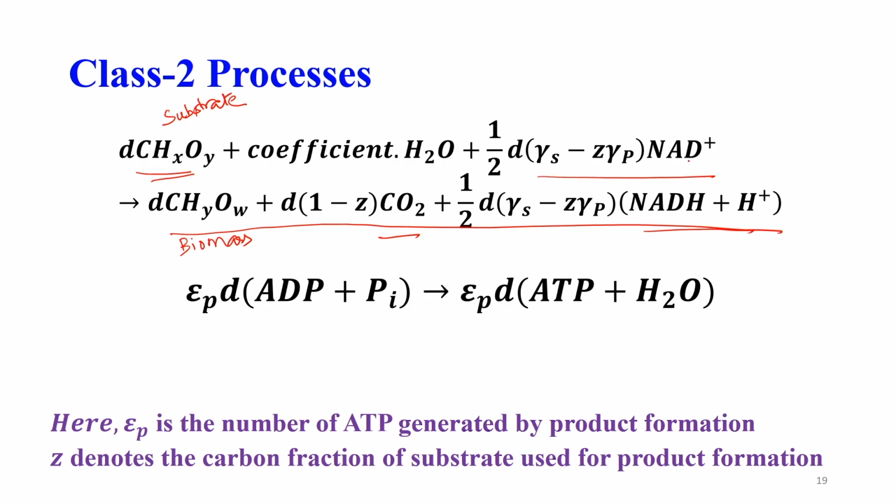Now, how much NAD will be required? Gamma S is being reduced, and what is being formed?